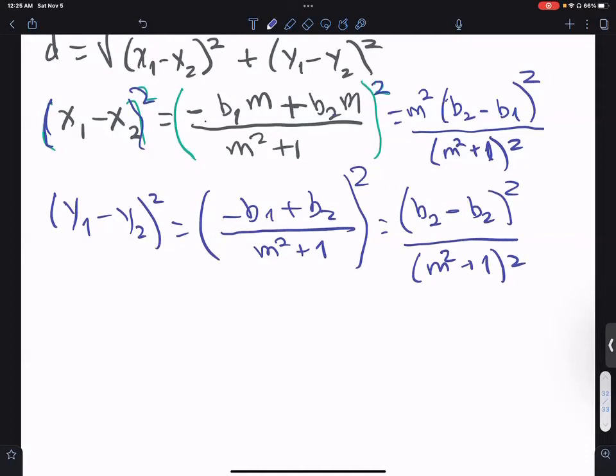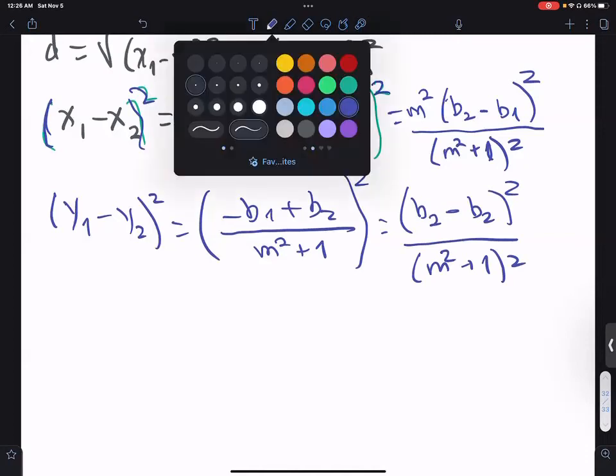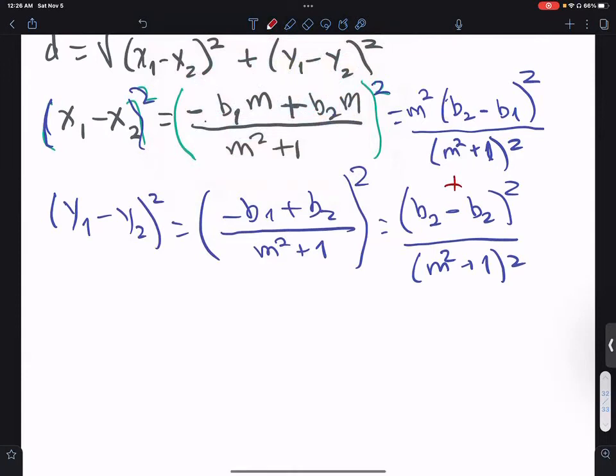Now we need to add these two. We add this, and then we have to apply the square root, of course. Let's add that first.